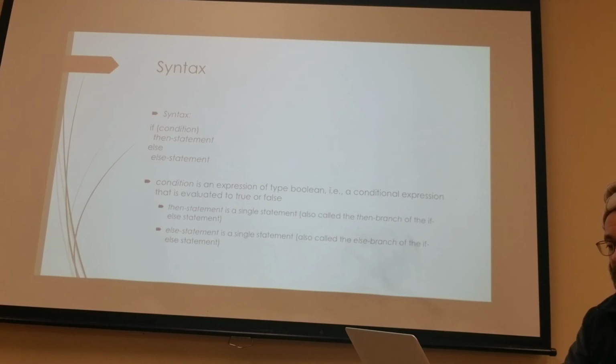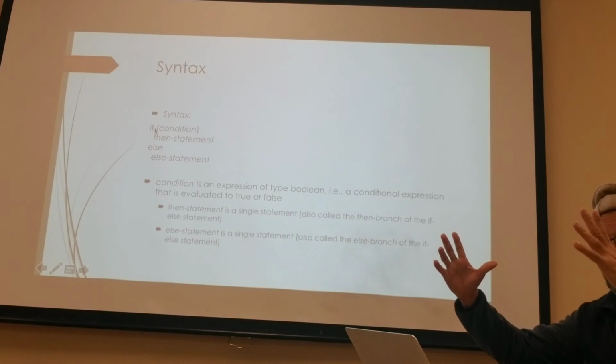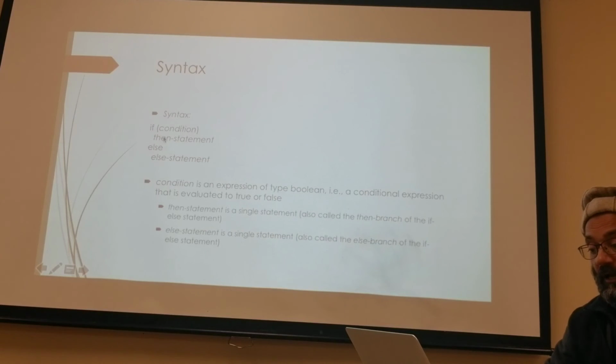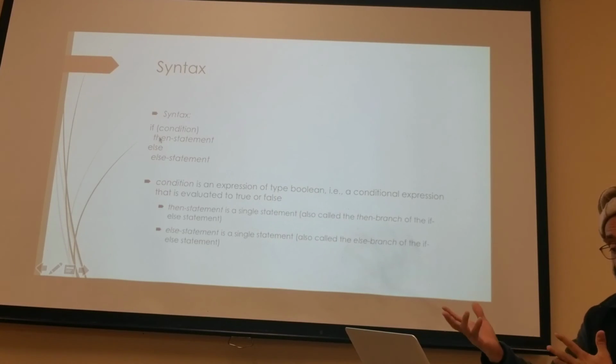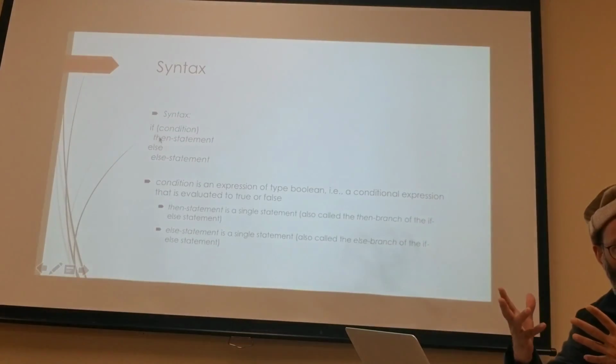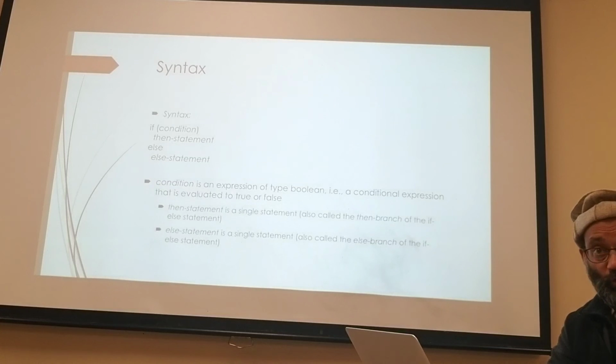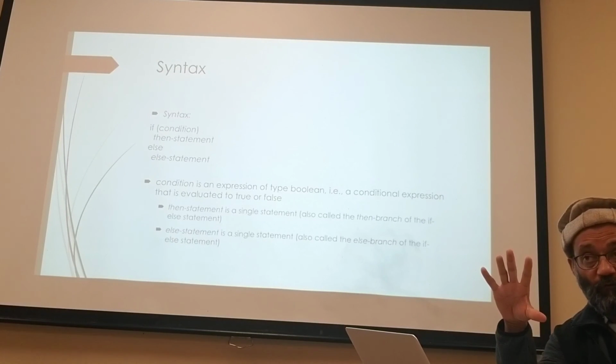So what is the syntax? The syntax is like this. If, and then within the brackets, you put a condition. And you have a then statement. The then statement is what runs if the condition is true. So after the if, you put code for the true condition.